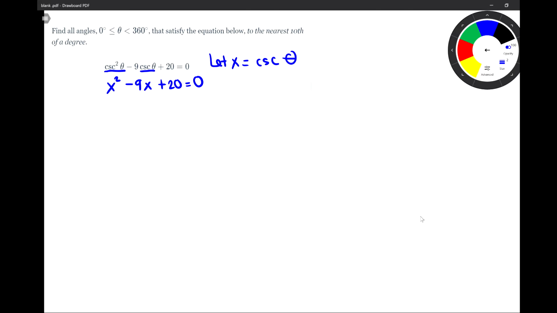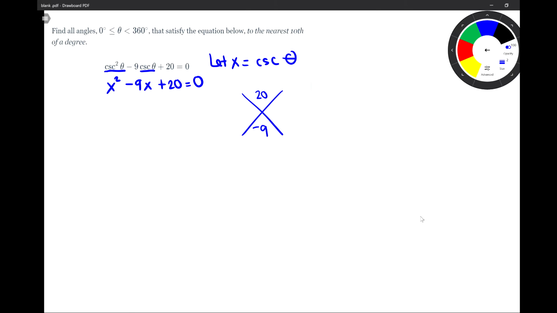You can use the quadratic formula, or you can use factoring if it's factorable. Personally, I like the factoring method, so I will try to factor this quadratic equation. I will do the diamond method. In the diamond method, I will have 20 on top and negative 9 on the bottom.